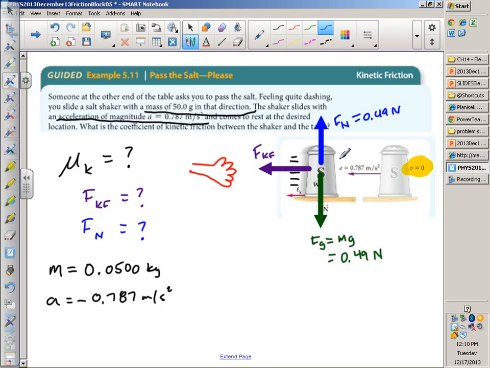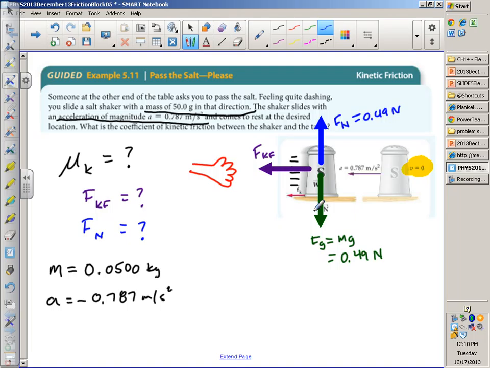Why? Because of its inertia. Your hand started it moving forward. Inertia tells it to do what? Keep moving forward until something makes it stop. That something is currently in the process of making it stop, right? But it hasn't completely made it stop yet.